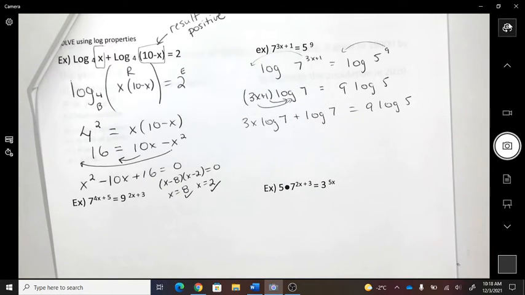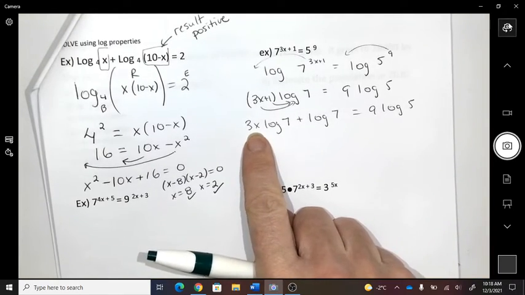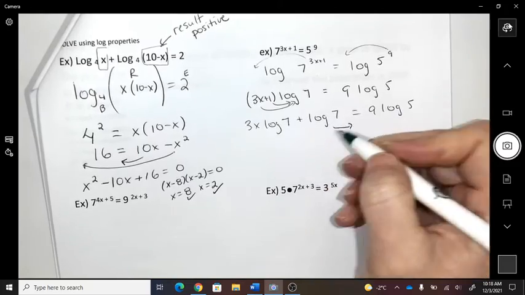Okay, so here's my suggestion. When we're getting to this stage, anything that deals with an x, I'm going to have on one side. Anything that doesn't have an x goes to the opposite side. So I'm going to keep this term, and then I'm going to move that.